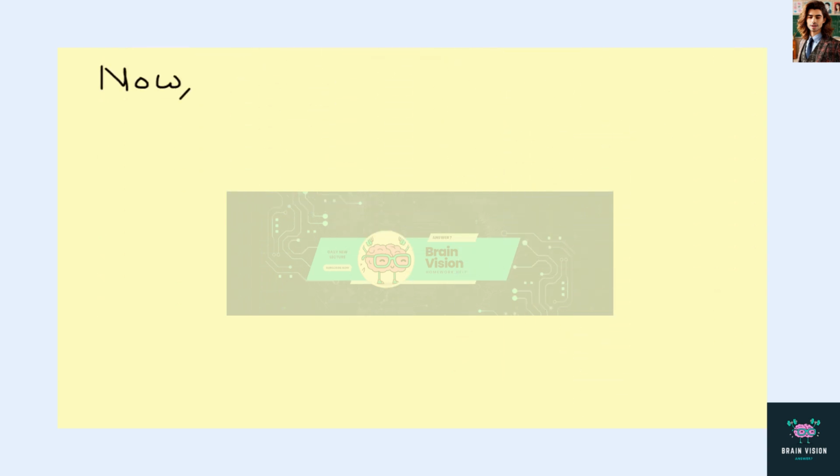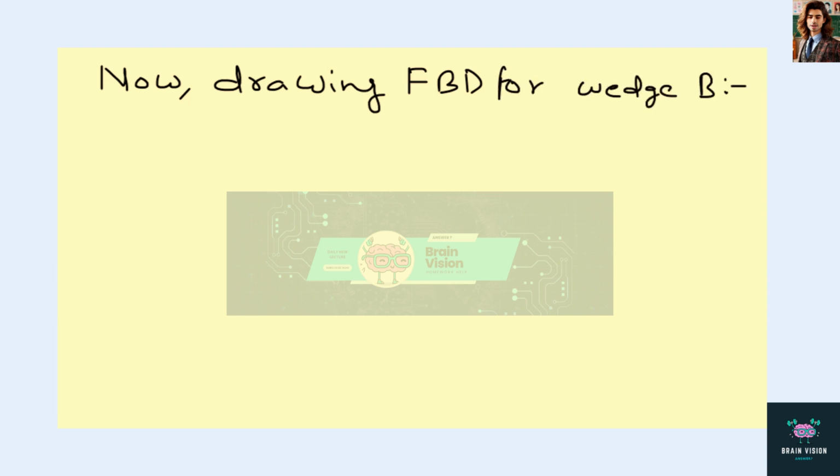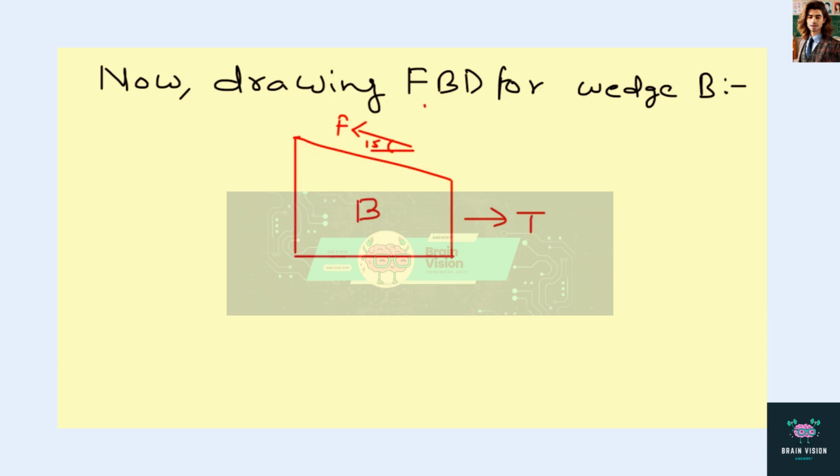Now going forward, we will draw the free body diagram for wedge B. So drawing the free body diagram of the wedge B with the help of the given data in the problem. This is T and this is wedge B, and here this is F and this angle is 15 degree.